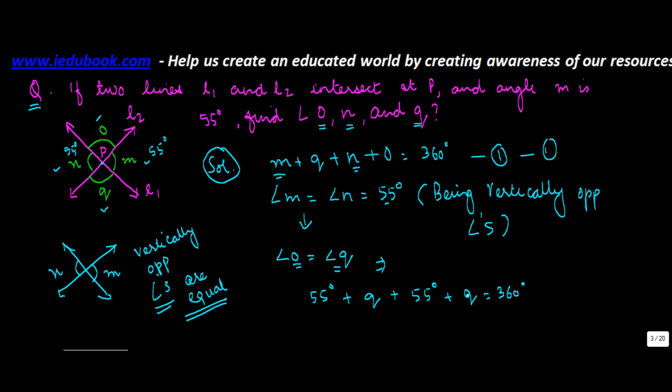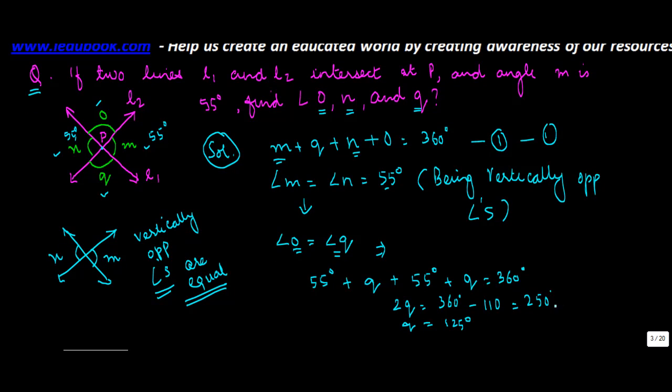Okay. Q plus Q will give you 2Q is equal to 360 degrees minus. Both these are 55, 55 plus 55 will give you 110. So when you take it to the other side, this will make it minus 110, or 250 degrees. 2Q is equal to 250 degrees, so Q is equal to 250 divided by 2, which is 125 degrees.